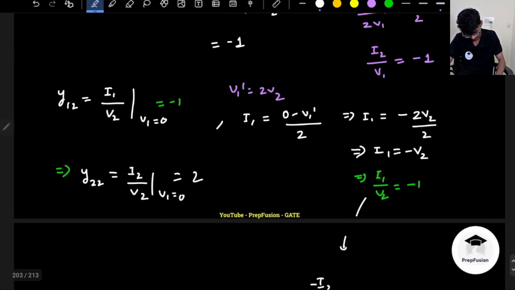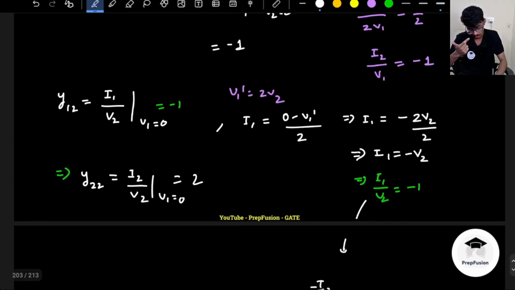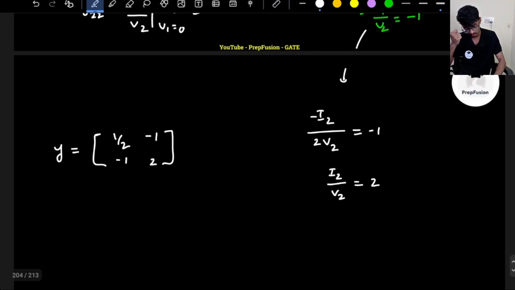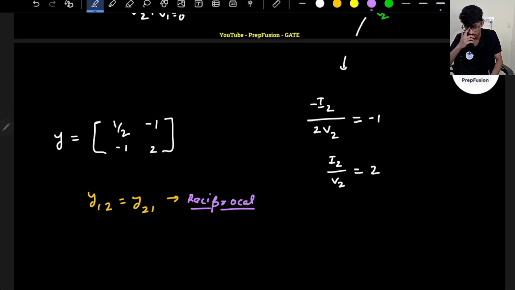If you verify, the network consists of a resistor and a transformer, both reciprocal, so overall the network should also be reciprocal. I can see that y12 equals y21, which means the network is reciprocal. This is how you can cross verify whether whatever you have solved is correct or not.